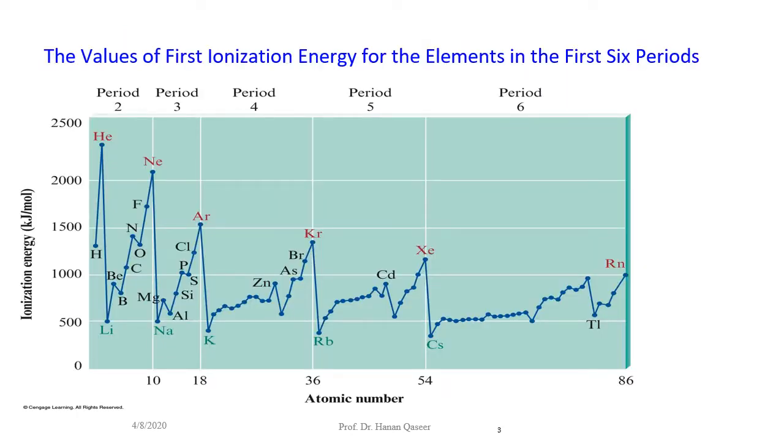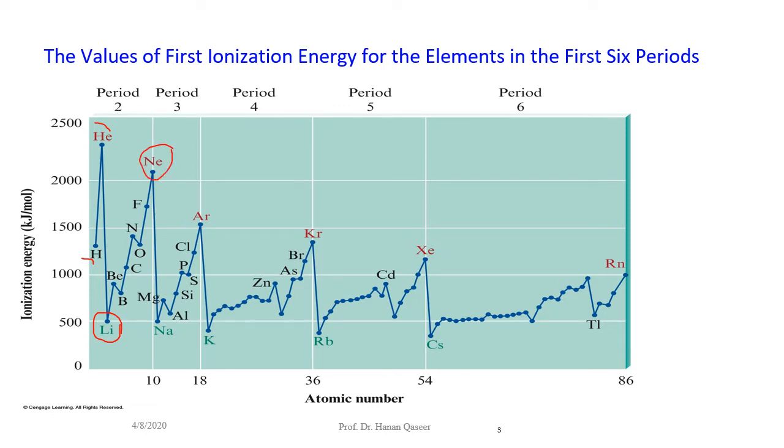Okay, in this slide we have a figure showing the value of first ionization energy for the elements in the first 6 periods. Period 1 has 2 elements, hydrogen and helium. Period 2 starts with lithium, an alkali metal, and ends with neon, a noble gas.